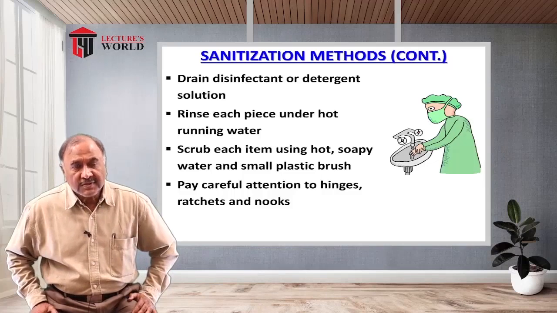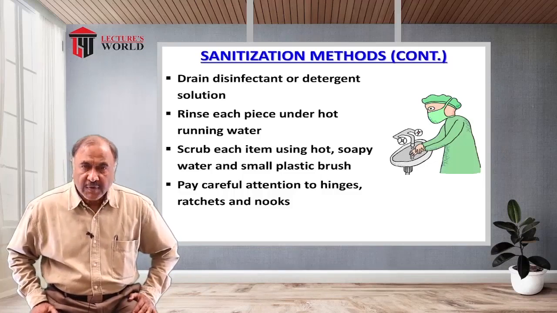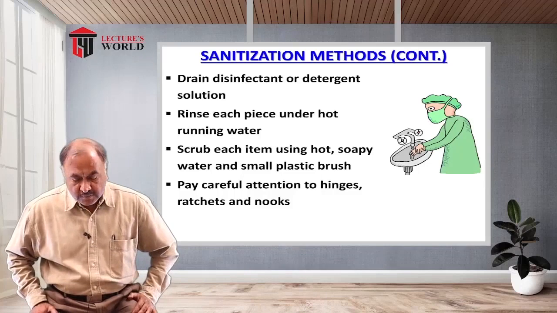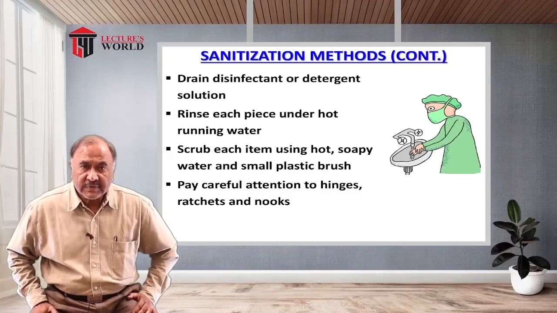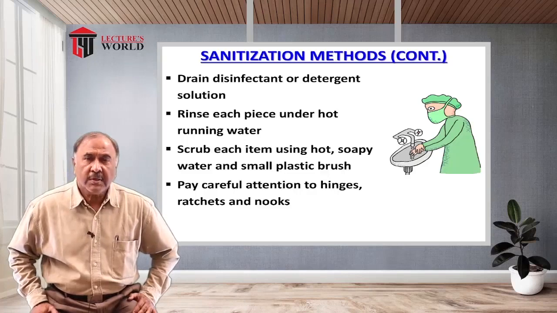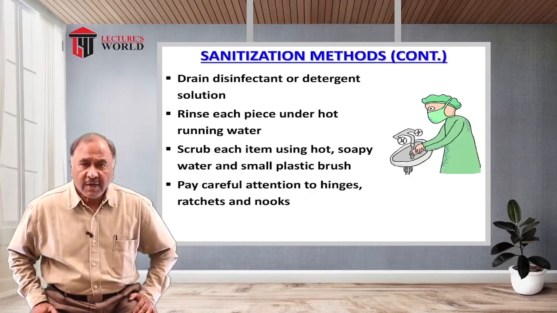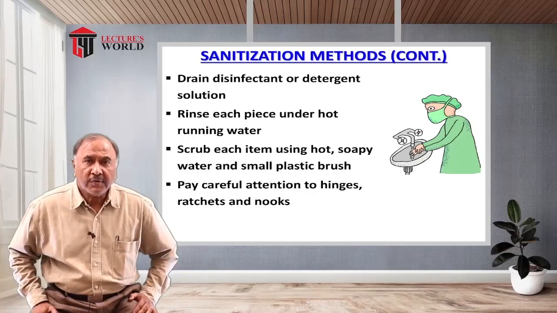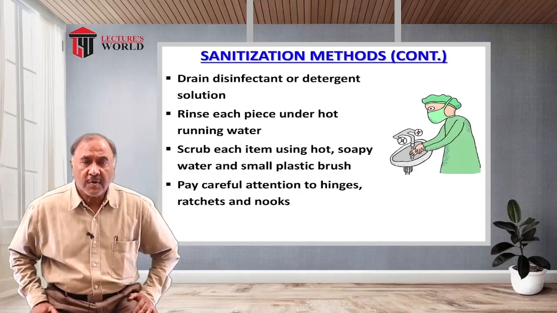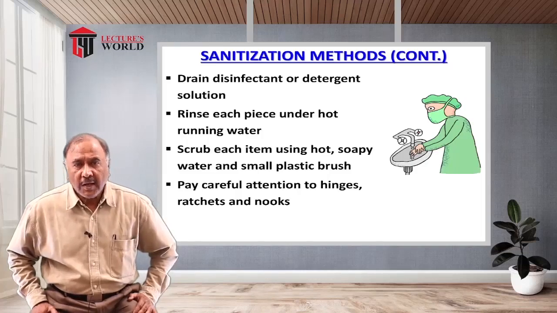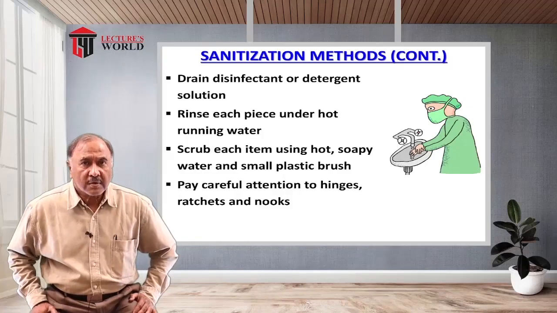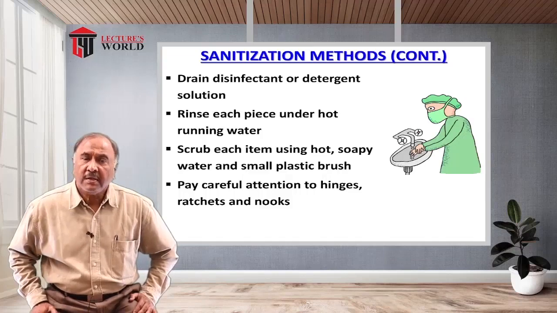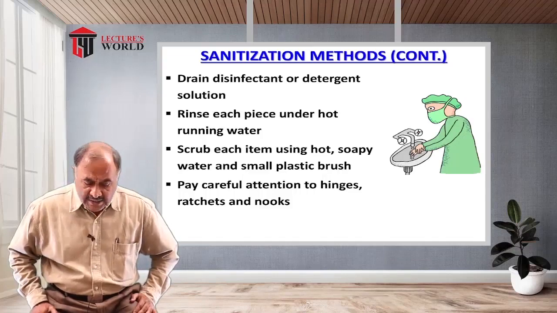Then scrub these instruments, each and every item, using hot soapy water and a small plastic brush. Scrubbing has to be very thorough in every nook and corner of the instrument, because that is the place where, if there is a contamination, the detergents or the scrubbing may not be able to reach that site.